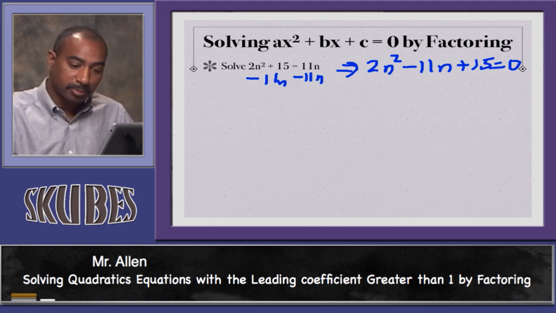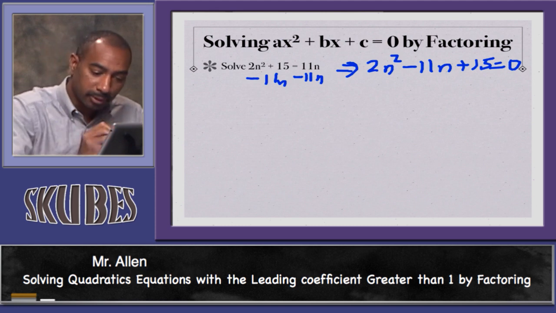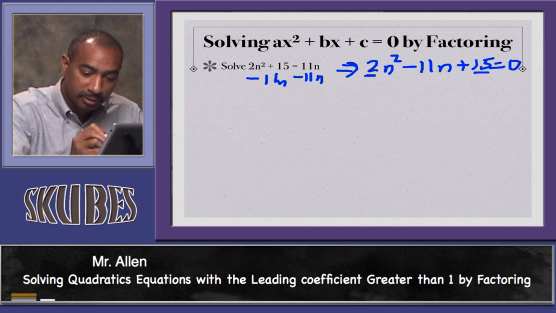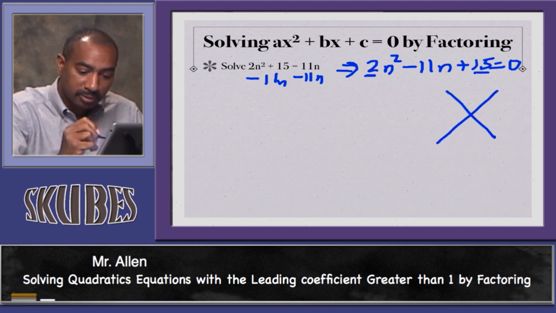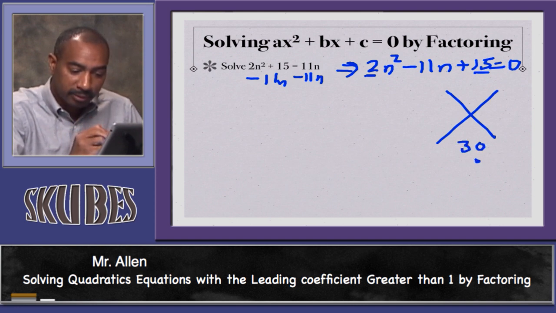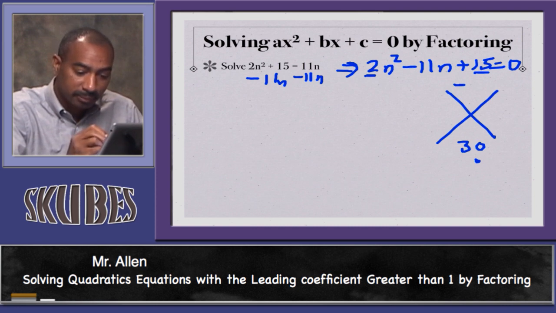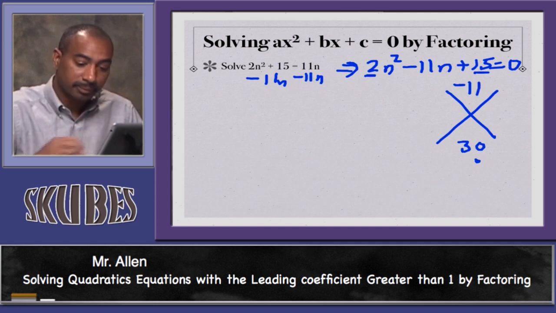And you're going to do it the same way as we did before. You're going to take the first term, the leading coefficient, and multiply it to the constant. So 2 times 15 is 30. But we have to figure out what two terms multiply to 30 but add up to negative 11, because the middle term here is negative 11.